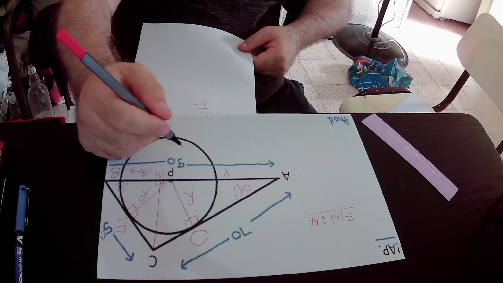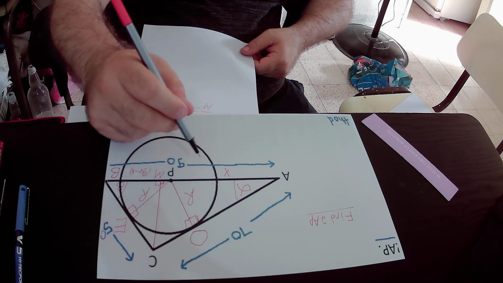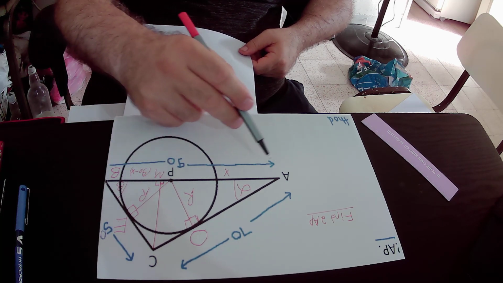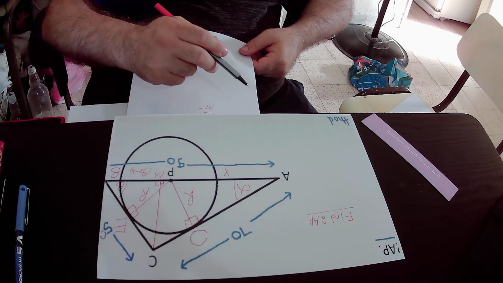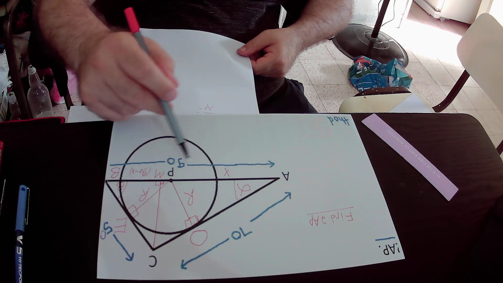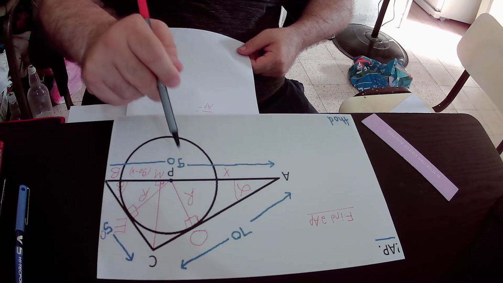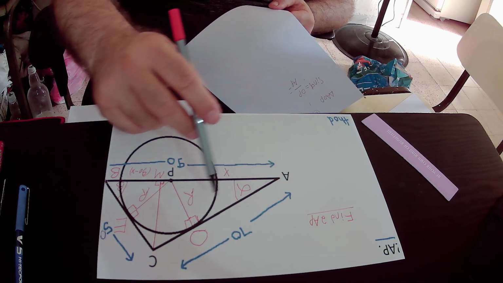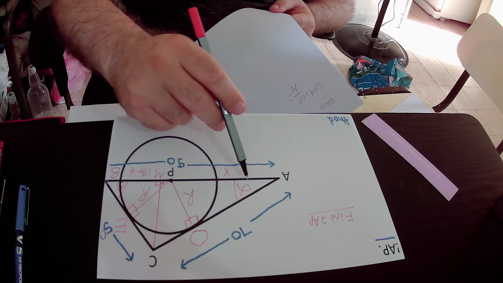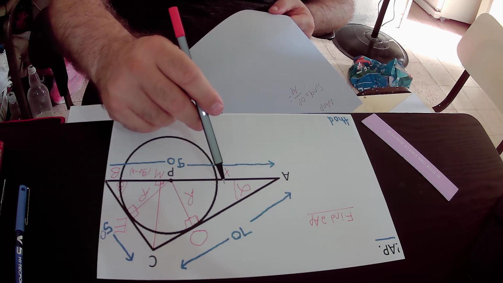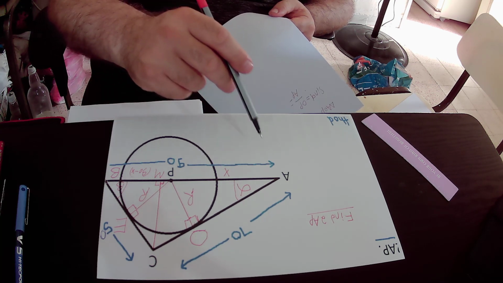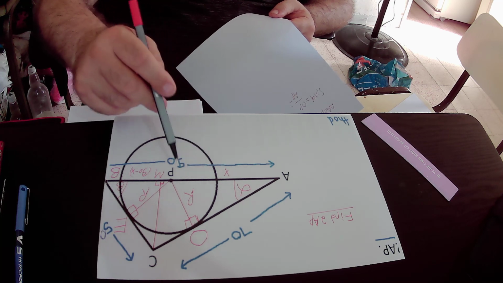Because in triangle AOP, side AO is perpendicular to side OP, so AO and OP are the legs of the right triangle, and AP is the hypotenuse. So sine alpha equals OP over AP.